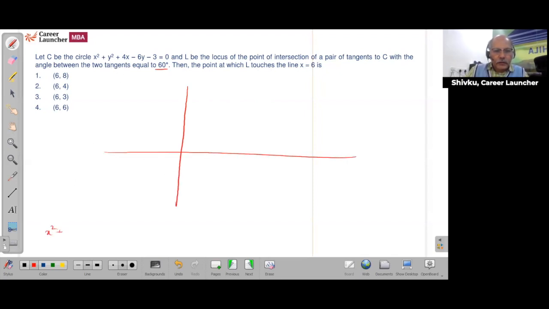The circle's equation is x squared plus y squared plus 4x minus 6y is equal to 3. So let me reorganize and write it as x plus 2 whole squared plus y minus 3 whole squared is equal to 3 plus 4 plus 9. This is equal to 16. Right? And it's equal to 4 squared.